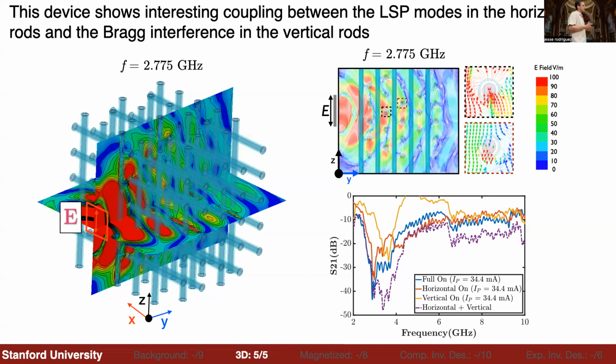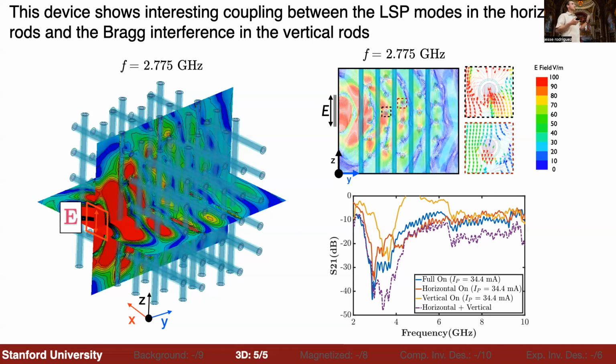And so the interesting thing that you see here is that particularly at this frequency that's close to the localized surface plasmon resonance frequency, when you put all the rods on, you actually get an attenuation that's higher, or a deeper band gap, than if you were to add the two cases with just the horizontal bulbs and the vertical bulbs on in series. So if each of those is performing like a filter and you put them in series, you would actually get a smaller attenuation than if the rods are all interleaved with each other.